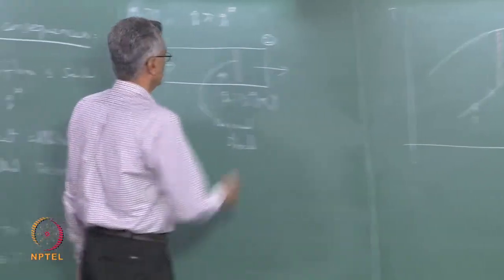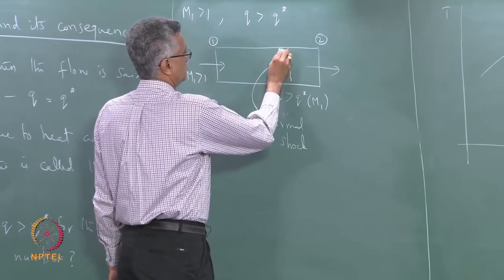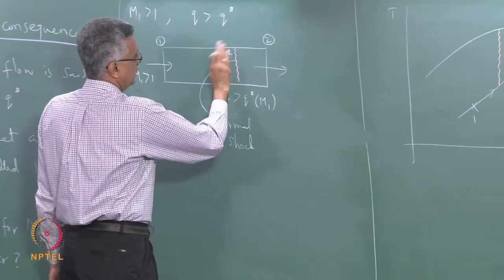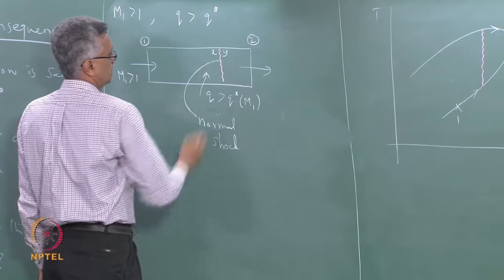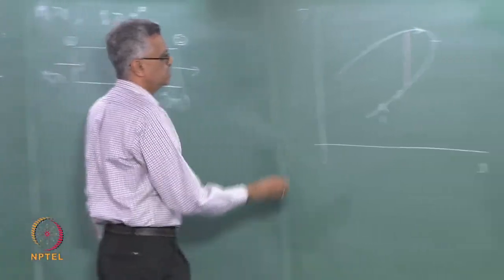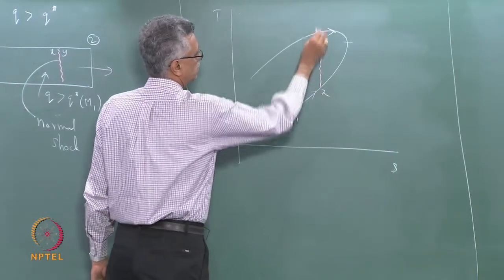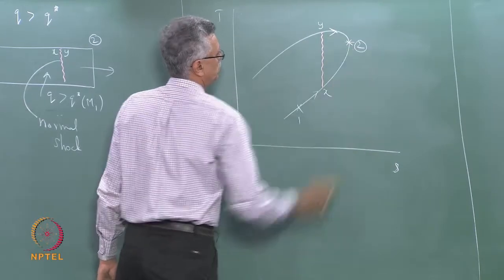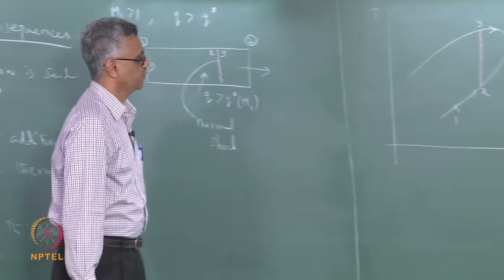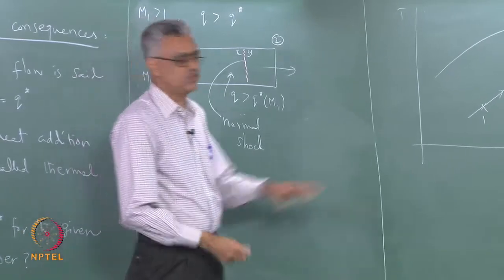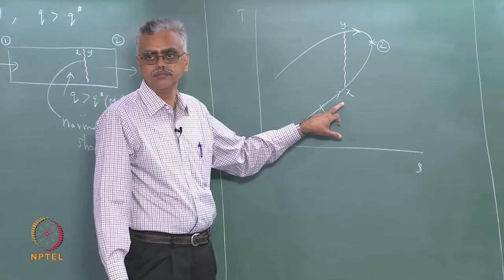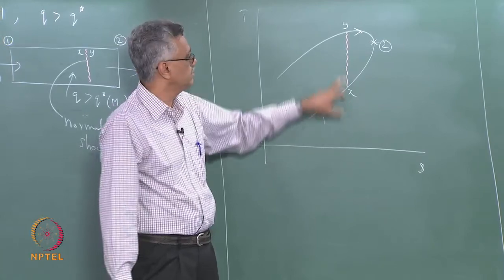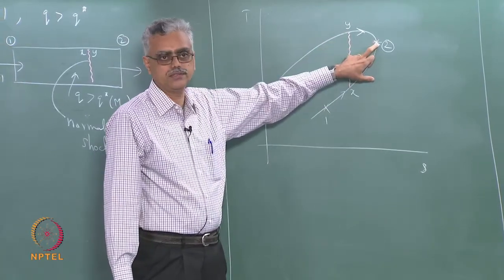If I denote the state just ahead of the normal shock as x and just downstream of the normal shock as y, then this is state point x, this is state point y, and this would be my state 2. So, we start from the supersonic portion of the Rayleigh line, we go up to x, there is a normal shock, and then we operate like this.